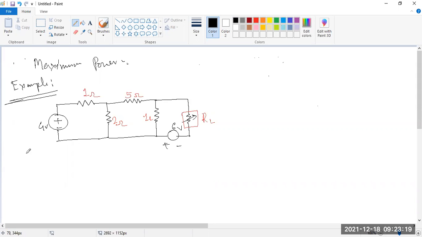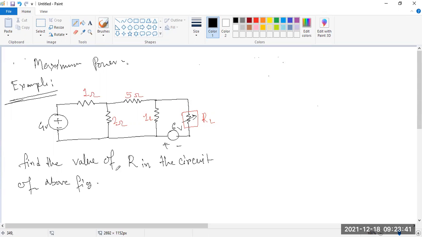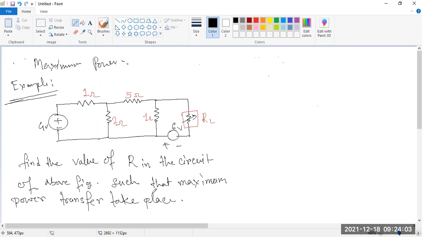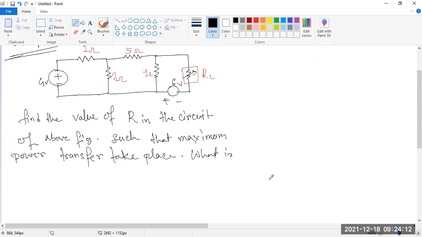find the value of R in the circuit of above figure such that maximum power transfer takes place. So what is the amount of this power?